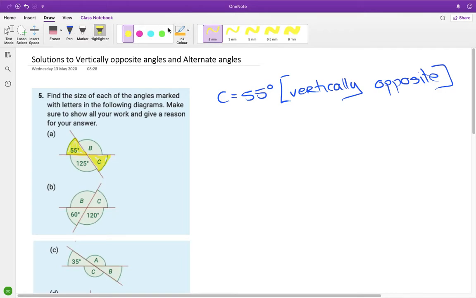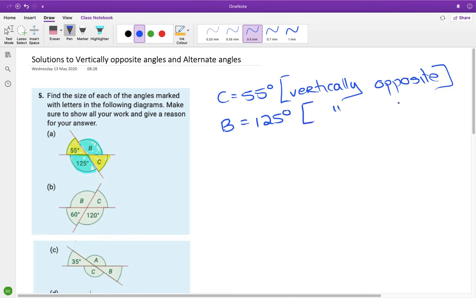Okay, and then I can also say that this one is opposite this one on the cross. So B is 125 degrees, and my reason is the same.